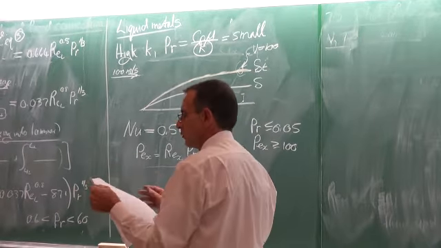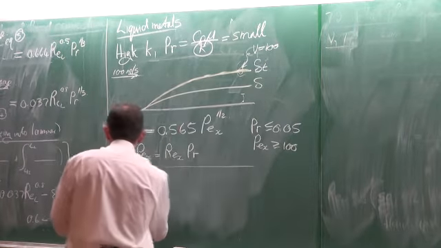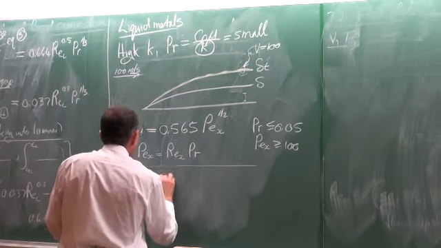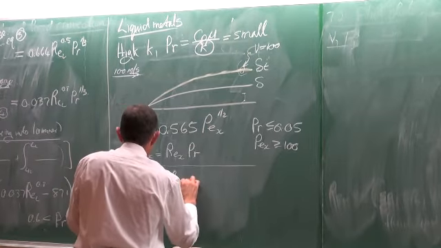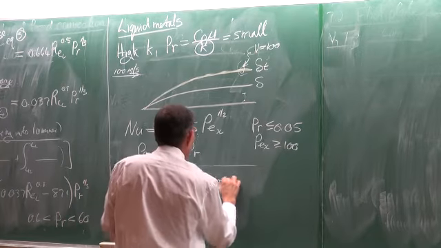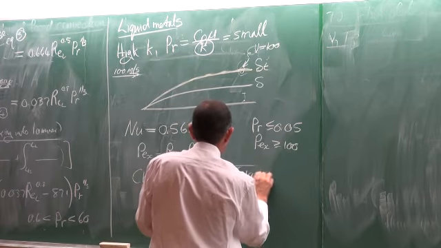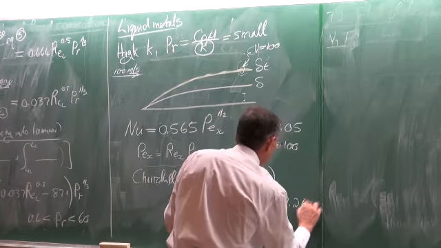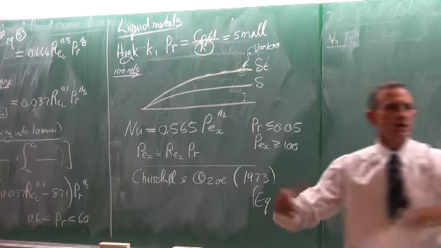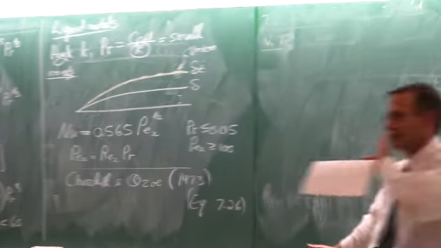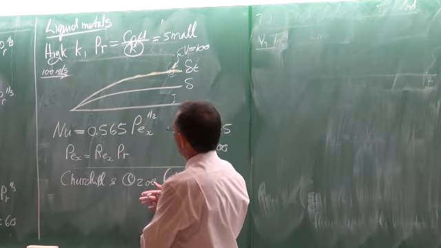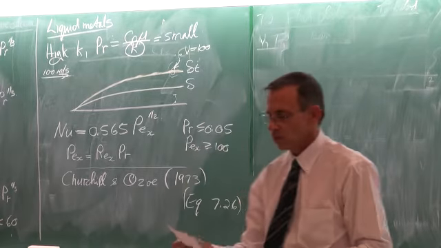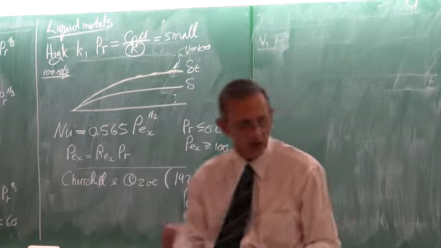So in your textbook, for example, there's an equation of Churchill and Ozoe, which was developed in 1973, and it is equation 7.26. It's a little bit of a long equation, and that's why I'm not going to waste time to write it down. But with this equation, you can do liquid metals and the rest. So a more general equation.